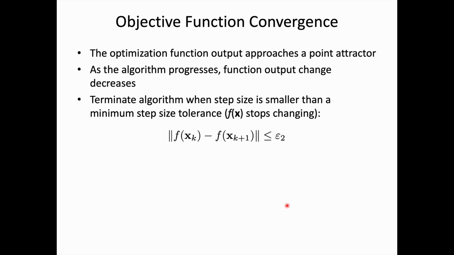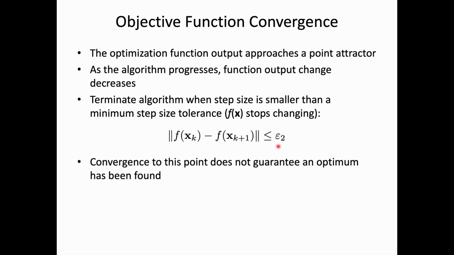Similarly, we can specify a condition where we look at how much the objective function output changes, and we compare that change to another tolerance, here I'm calling that epsilon 2, and if the change is less than or equal to this tolerance, then we terminate.